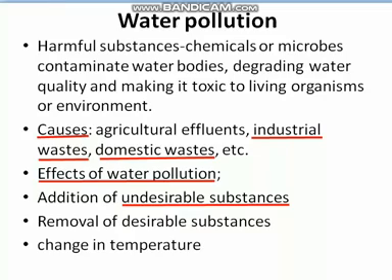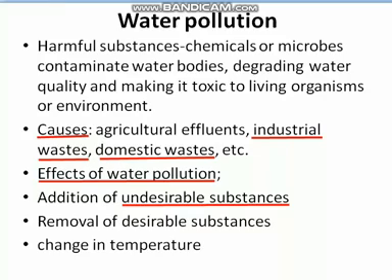So undesirable substances, for example, chemicals like lead and mercury, cause different types of disease in the living organisms. Or microbes, you already know there are a lot of waterborne diseases like cholera, diarrhea. This is also an effect of water pollution.